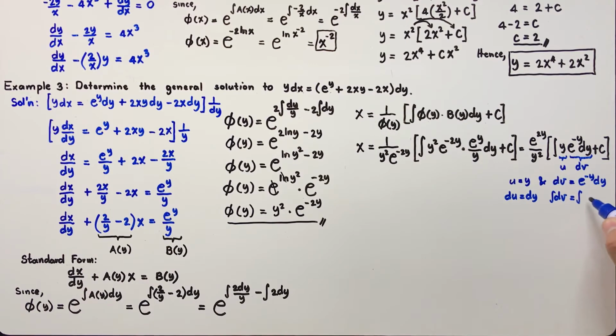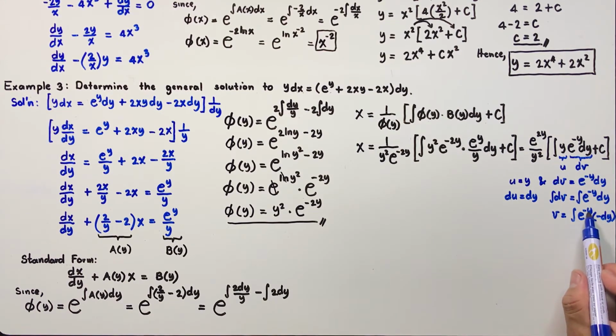So we have the integral of e to the power negative y dy here, and v is equal to the integral of e to the power negative y times negative dy, because the differential of negative y is negative dy. But to neutralize this added negative sign here, I need to have a negative in front of the integral symbol. So we have our v, which is equal to the negative of e to the power negative y.